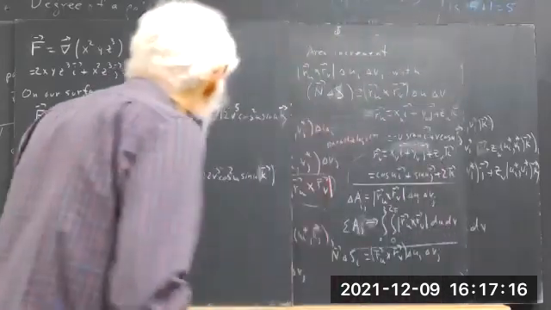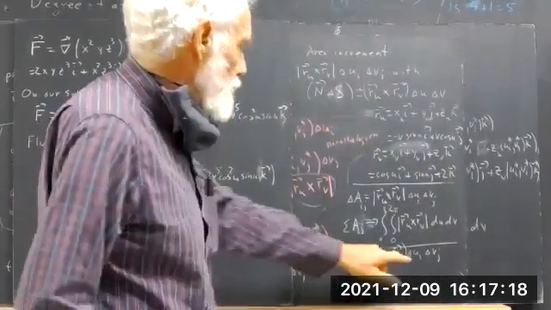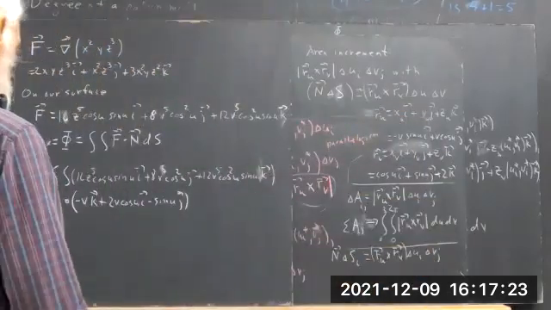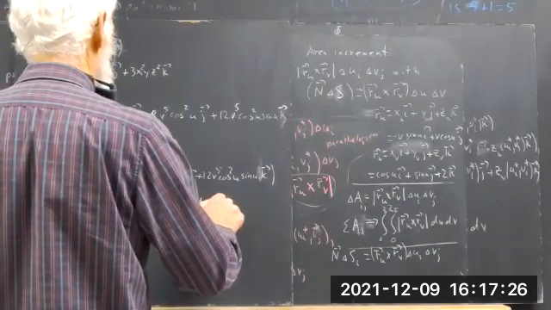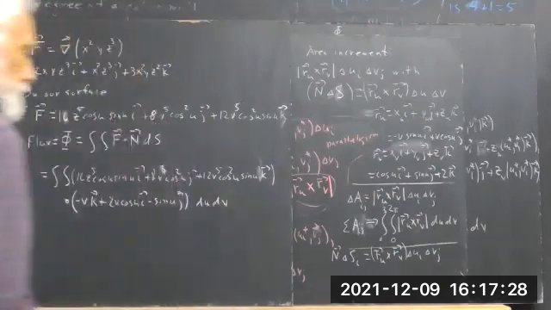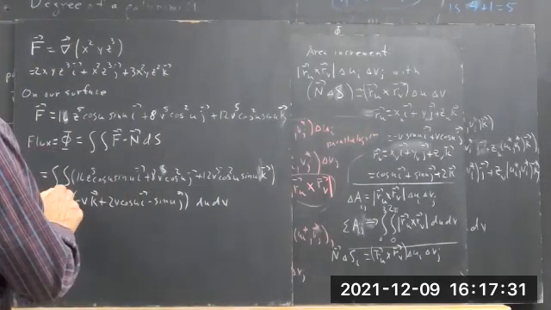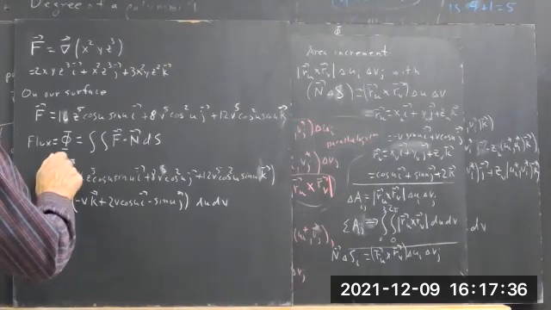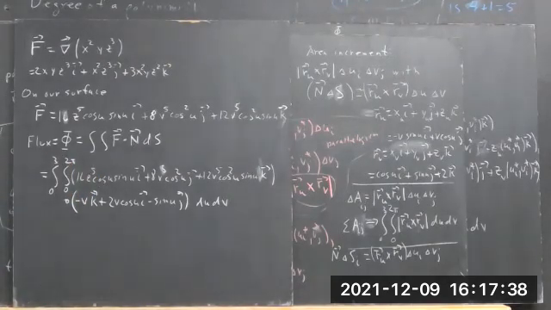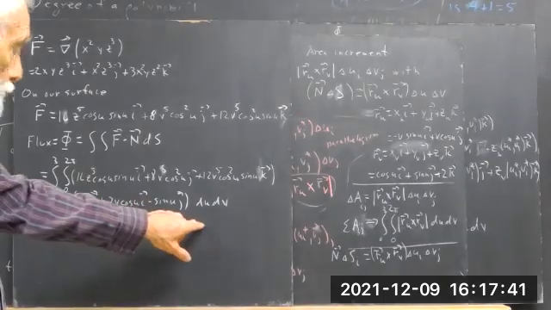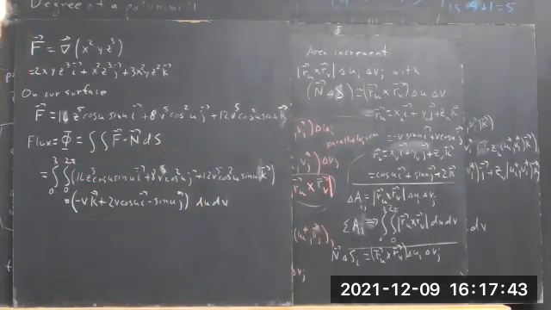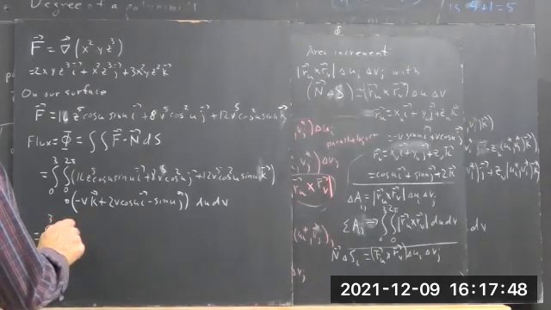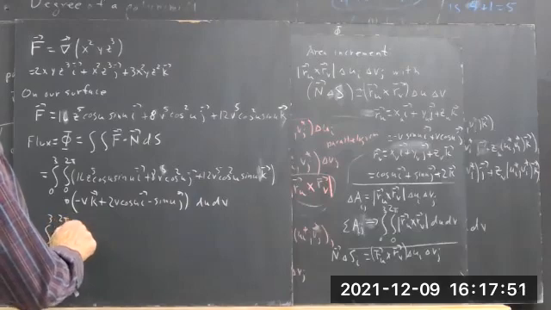And then that's times our increment of partition delta u_i delta v_j, but that's just going to be a du dv. Integrating first with respect to u, which goes from 0 to 2 pi as before, and v, which goes from 0 to 3 as before. Would have been better if I'd put the k on the end here, because then I could have matched it up visually a little better, but be careful. You see this is going to be the interval from 0 to 3 and the interval from 0 to 2 pi.